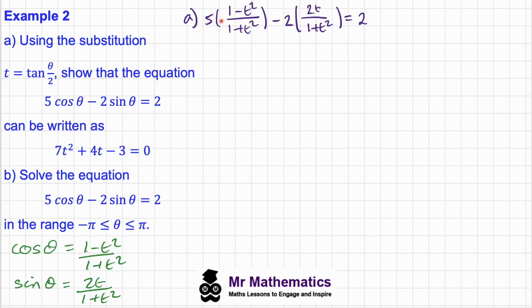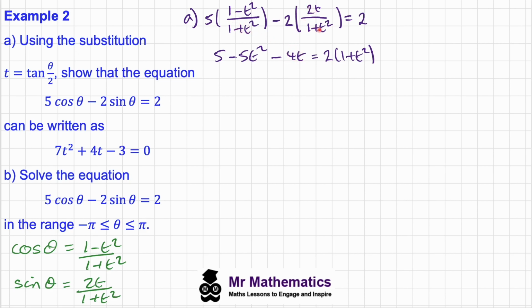So we have 5 lots of cos theta minus 2 sine theta equals 2. We can see we've got a common denominator of 1 plus t squared. So we can write all of this over this common denominator and then move that to the right hand side. And we can expand out the pairs of brackets. So we've got 5 minus 5t squared, expanding out in this bracket, minus 2 lots of 2t, gives us negative 4t.